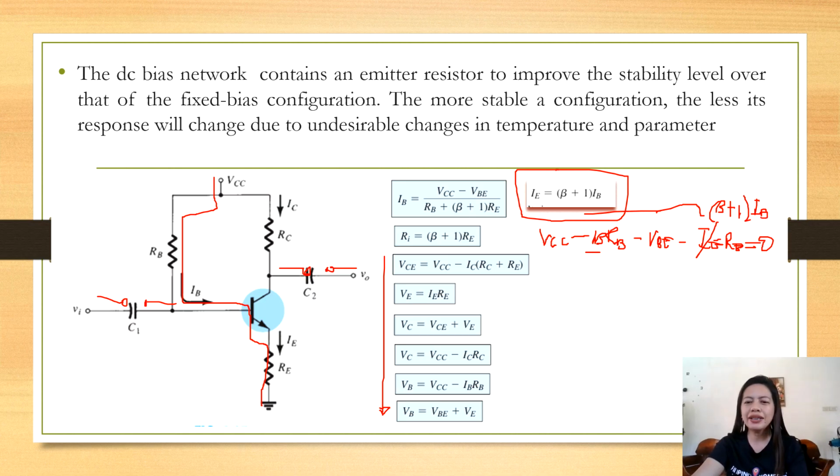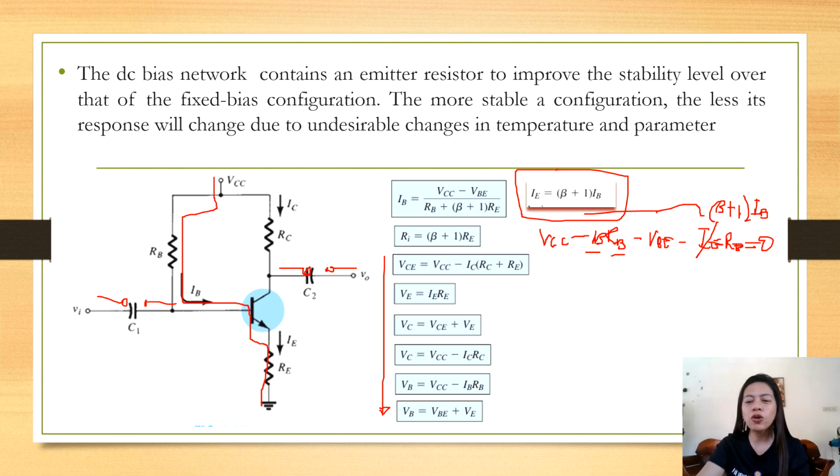So at this equation right now, we can say VCC minus IB RB minus VBE minus beta plus 1 times IB times RE. So most of our equations, the VCC is given, the RB is given. I'm talking about the basic ones. The VBE is given, which is 0.7, and the beta is given, IB not given, RE is given.